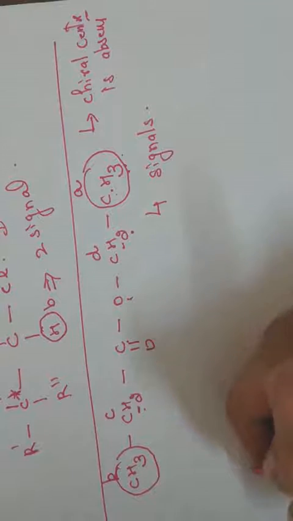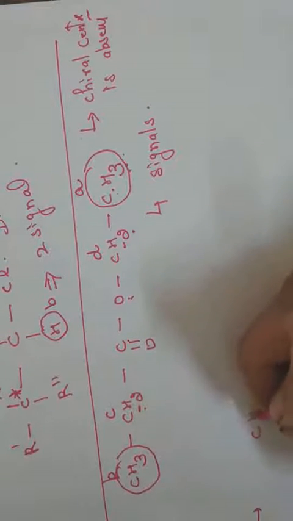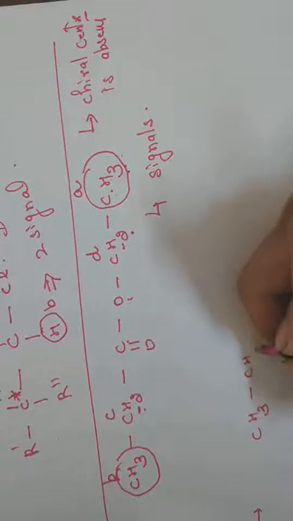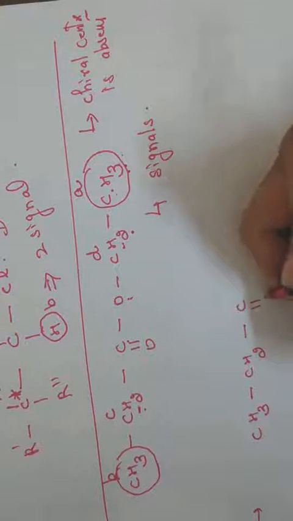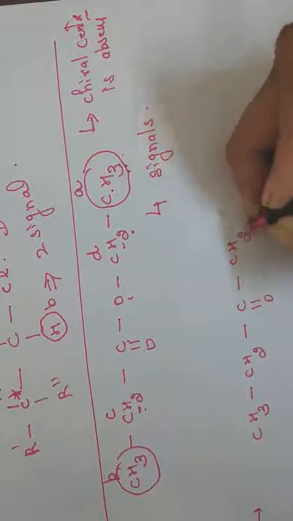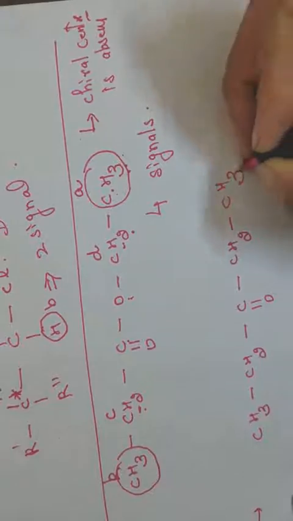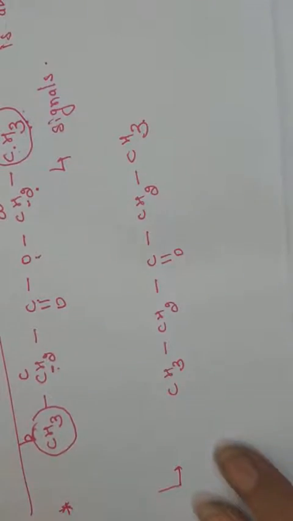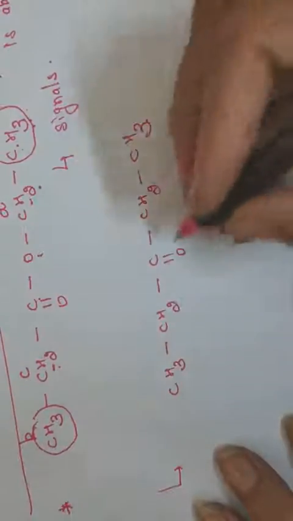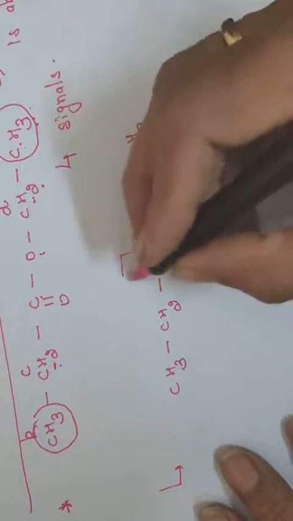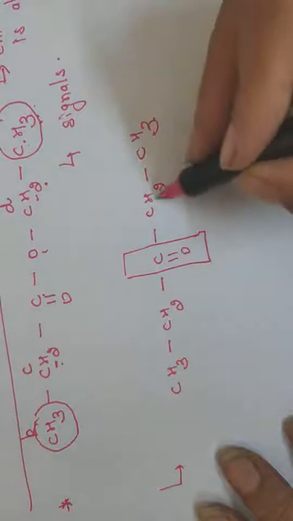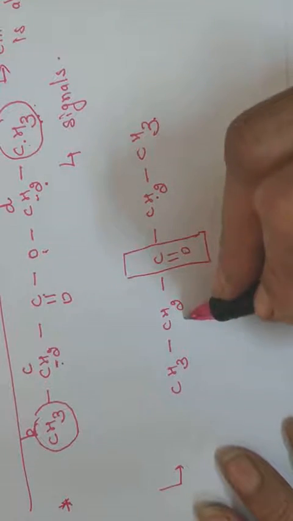Now if the case is like this, CH3, CH2, C double bond O, CH2, CH3, how many signals are there? If you see, there is a plane of symmetry present here. If a plane of symmetry is present, then these two protons will be identical to these two protons.